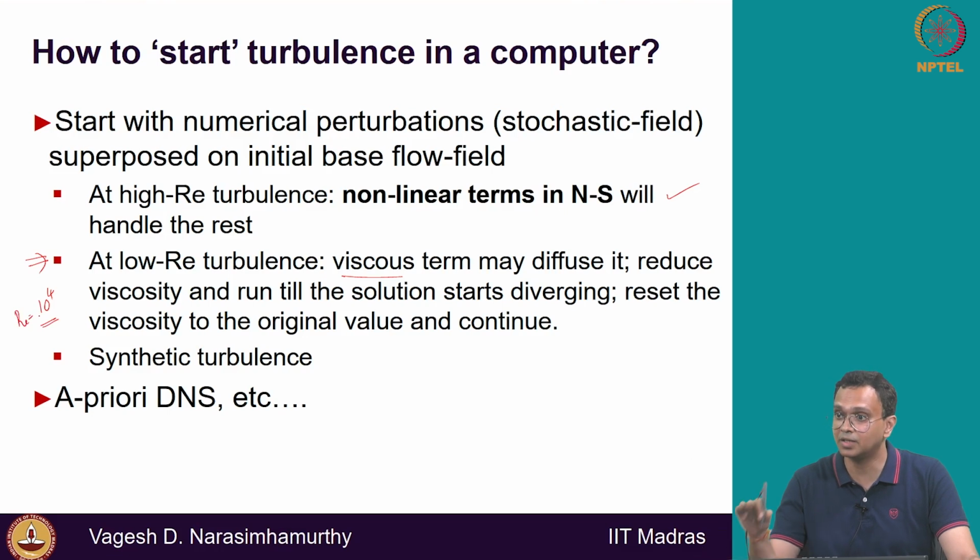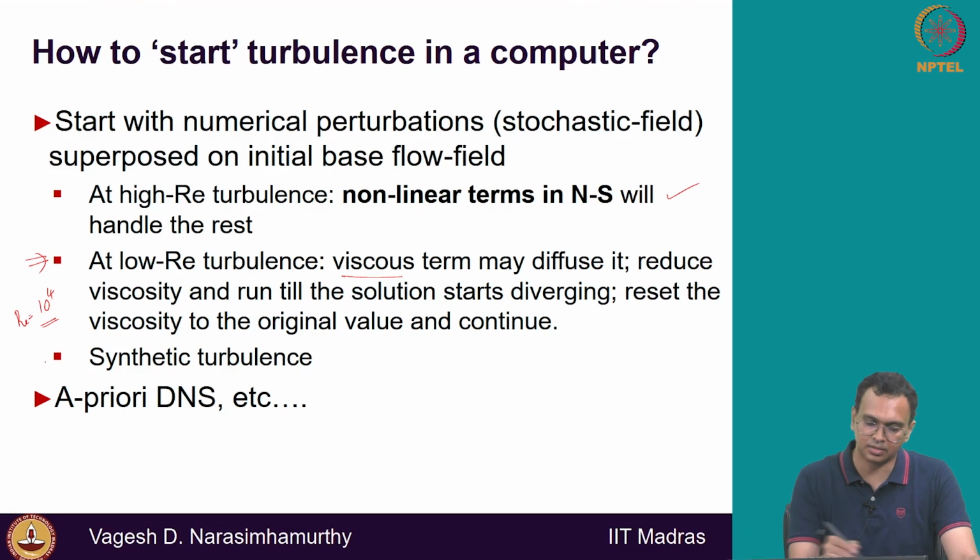Once it is sustaining, it will sustain, because turbulence, I told you, in the absence of you giving power, will dissipate. As long as the bulk mean is acting, turbulence will be there. It will sustain. Okay. So this technique can be used. Reduce viscosity and run till the solution starts diverging. Reset the viscosity to the original value and continue.